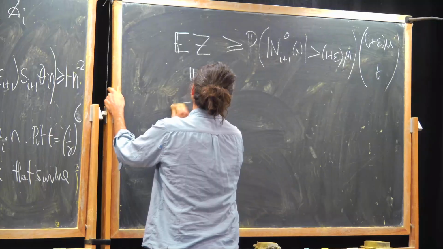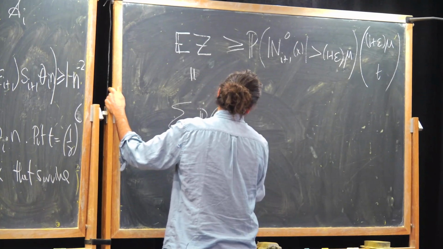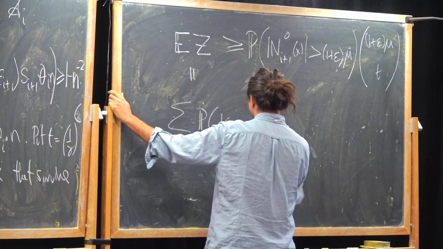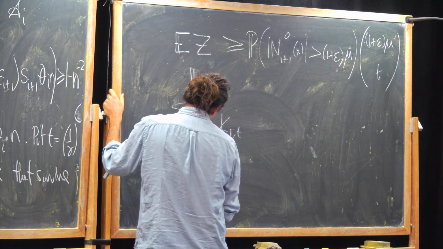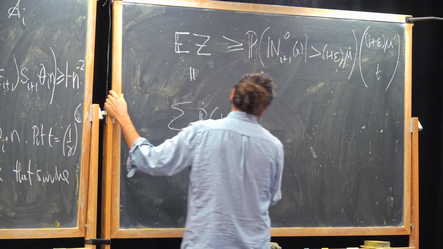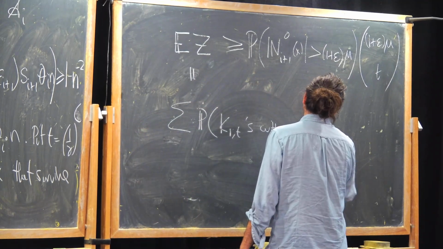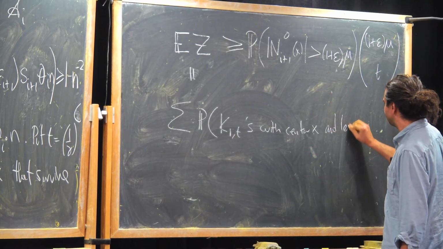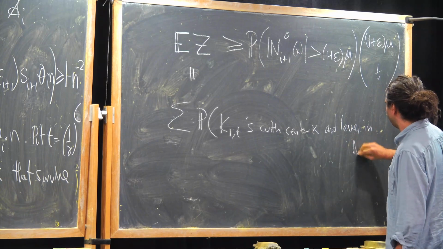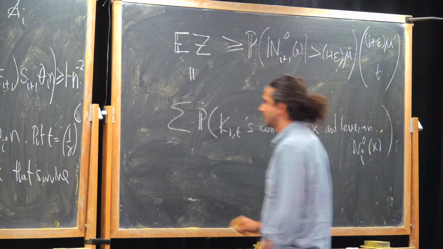So this expectation is equal to the sum over all possible K1T's, with center x and leaves in the neighborhood at stage I of the vertex.